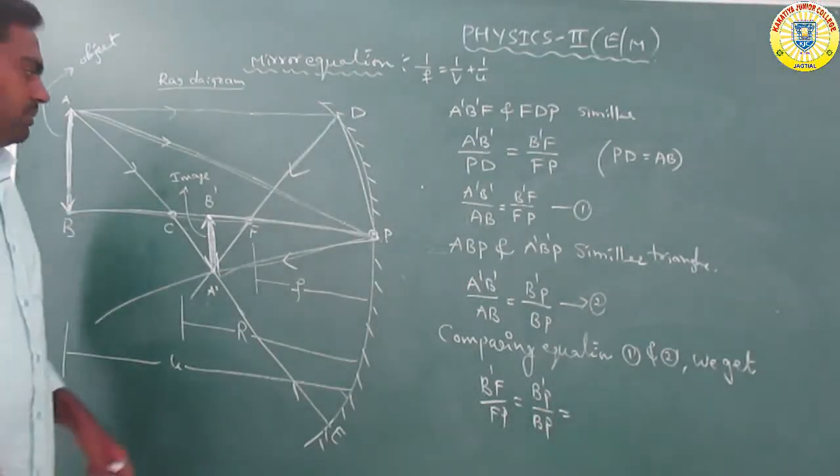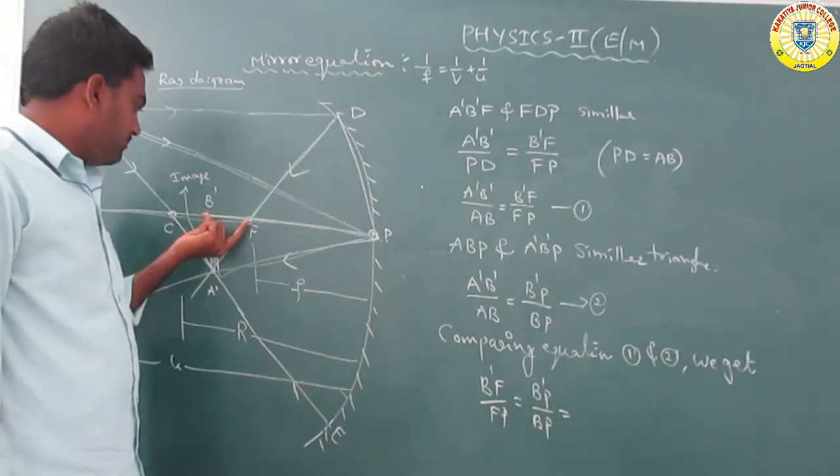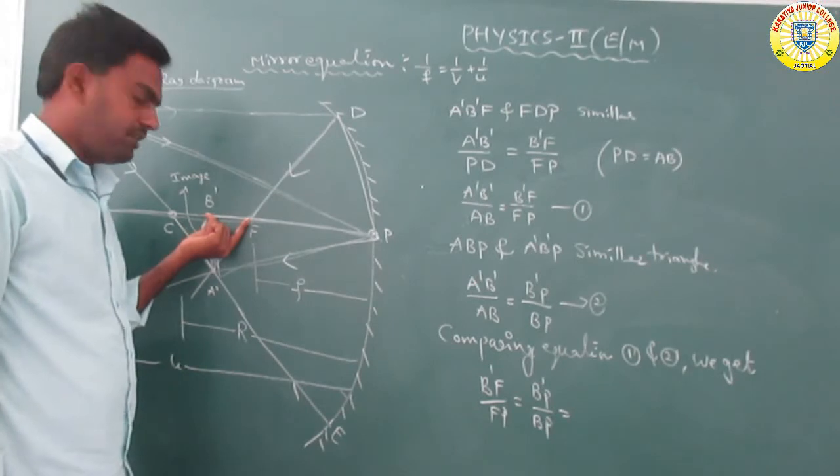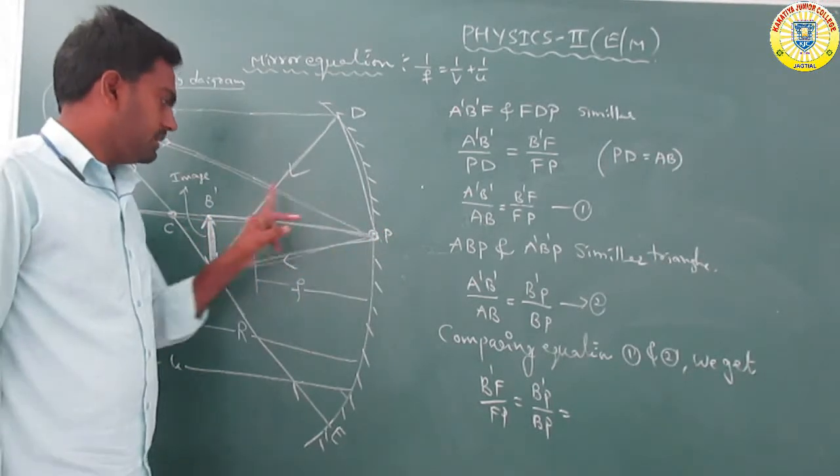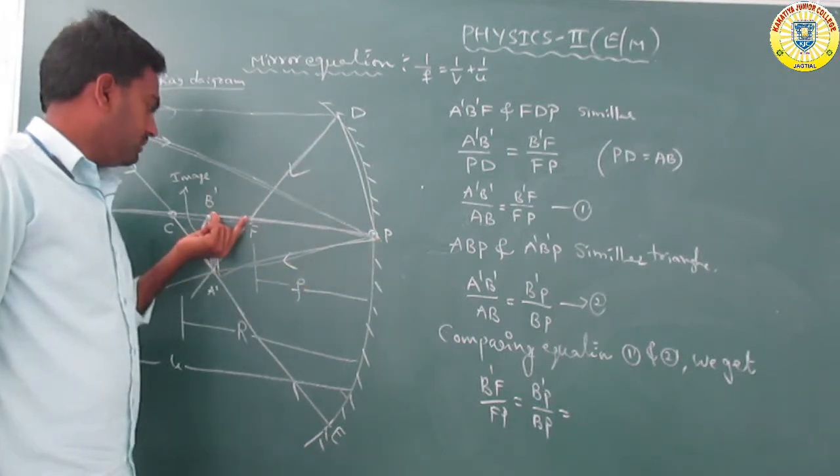Here B dash F is the total B dash P minus FP, the remaining length.